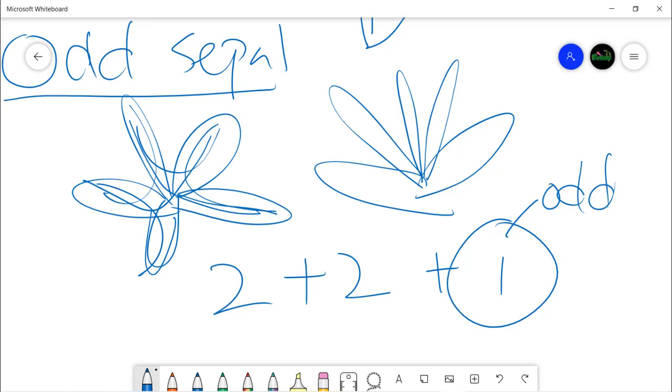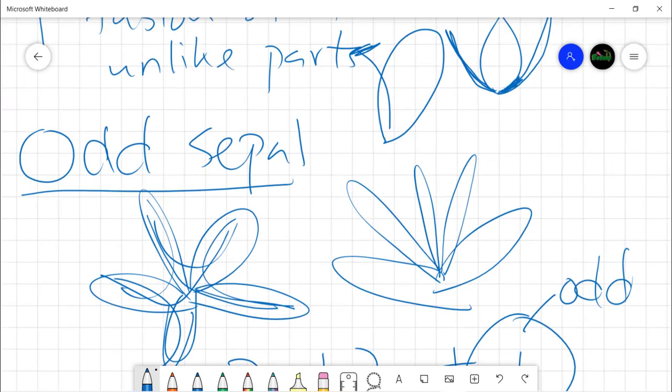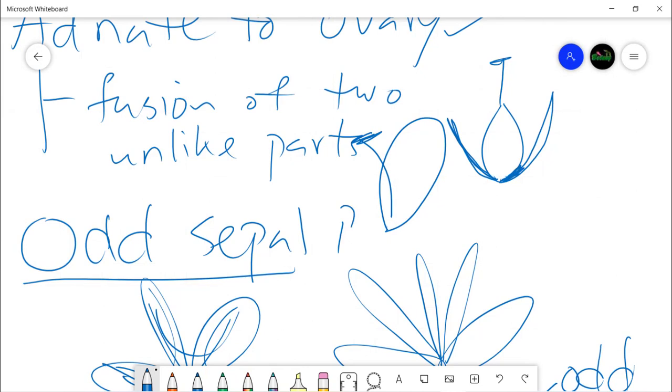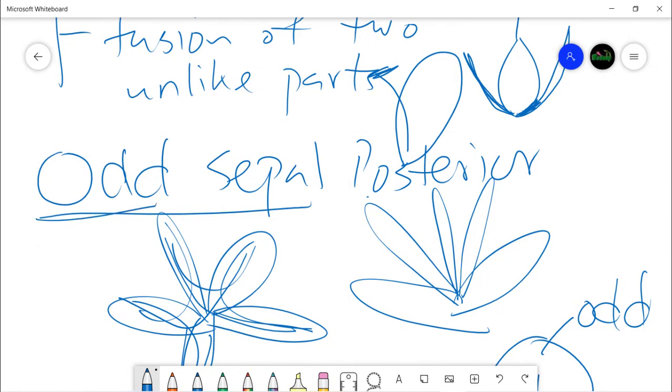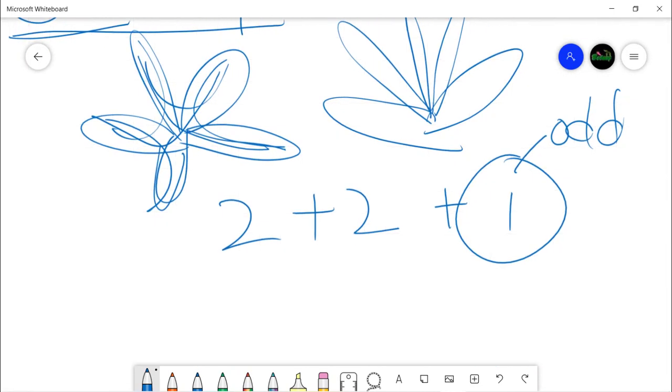Now where this odd sepal is located? In case of Apiaceae, this odd sepal is posterior. So these are two words, odd and posterior. I just told you what is meant by odd. If the number of the sepals is 3, then the third one is the odd one, and if it is 5, then the fifth one is the odd one.